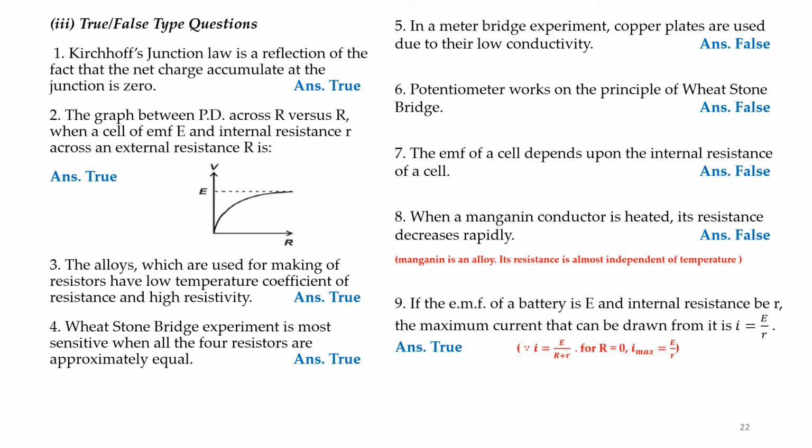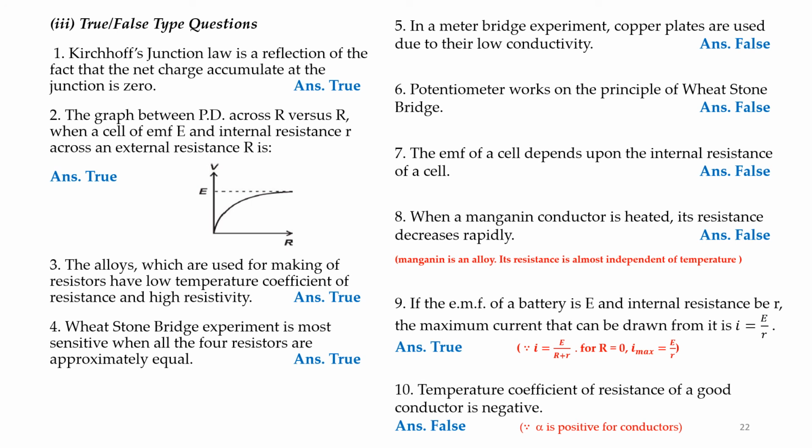That is true. That is, I is equal to E divided by R plus r. For R equal to 0, I maximum is equal to E by r. Question number 10. Temperature coefficient of resistance for a good conductor is negative. False, because alpha is positive for conductors.